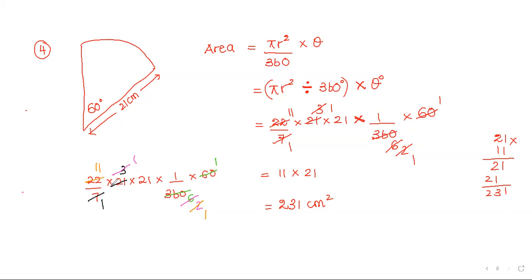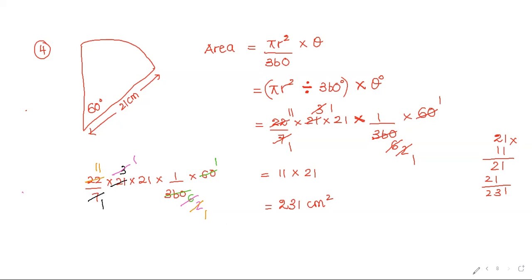Thereafter, the orange color I use to simplify 2 and 22. So then it gives me 11 over 1. Then finally, after simplifying these, I have 11 and 21. When you multiply 11 and 21, it gives me the answer 231. So that is the answer for this question. That is the area of this small sector, right?